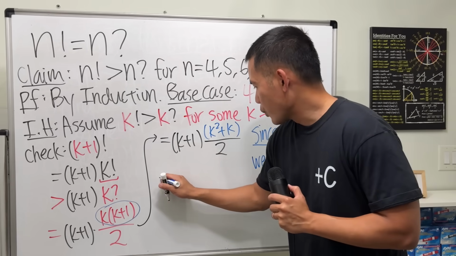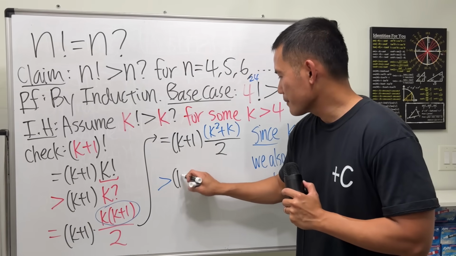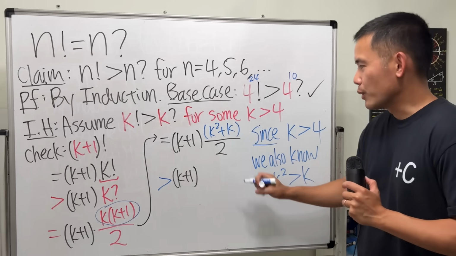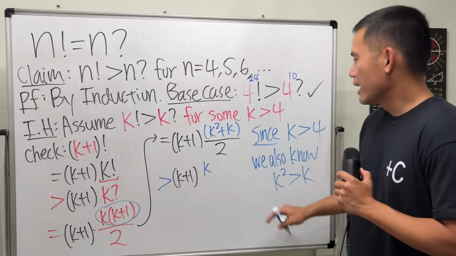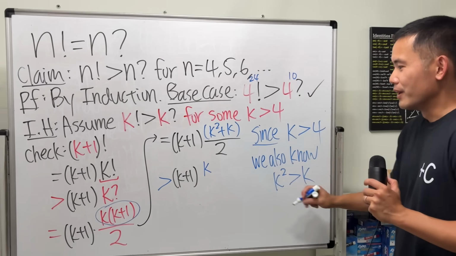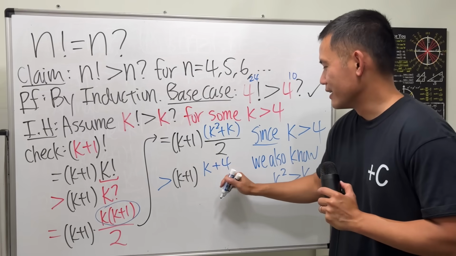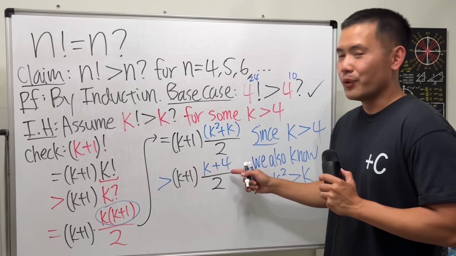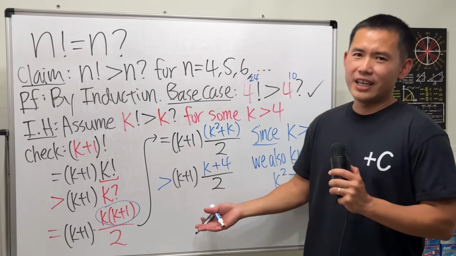This is going to be greater than, this stays the same. For k squared, I will replace that with k. And since k is greater than 4, I'm just going to say 4 right here, and over 2. Of course, right here we have k plus 4. That's of course bigger than k plus 2.